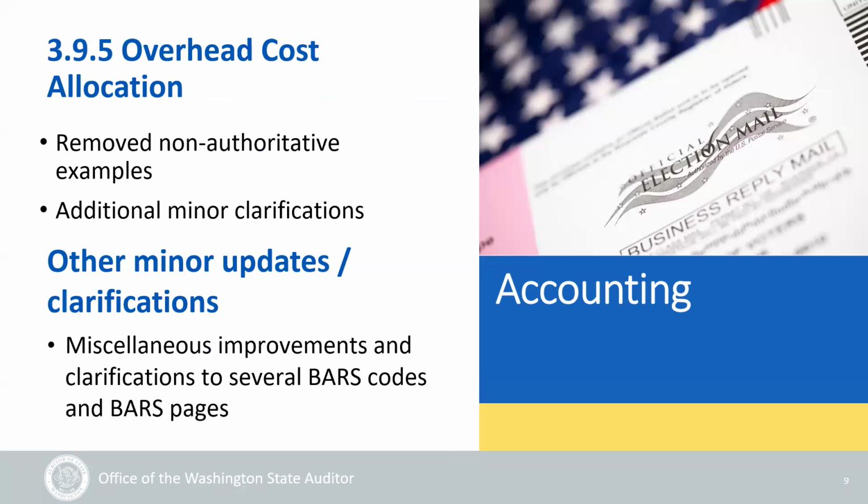Moving on to 3.9.5, overhead cost allocation, we have removed the non-authoritative examples and added additional clarifications. As always, we have made some minor updates and clarifications to several BARS codes and BARS pages to address common questions.